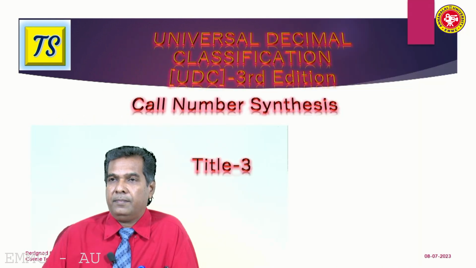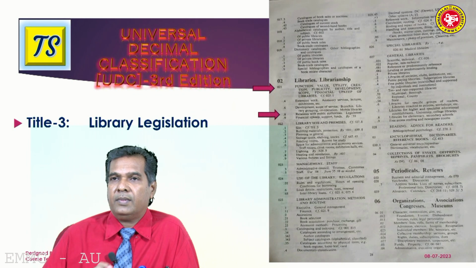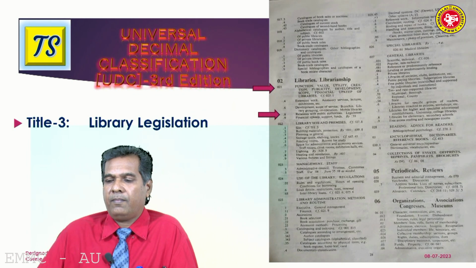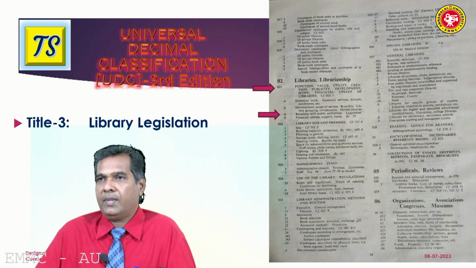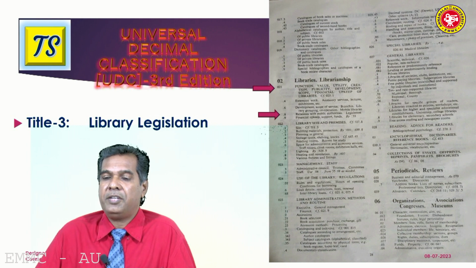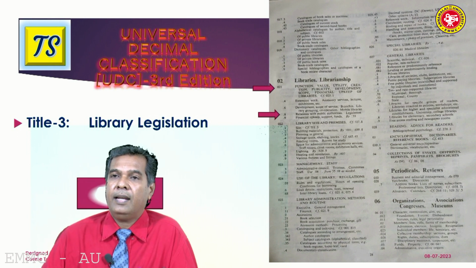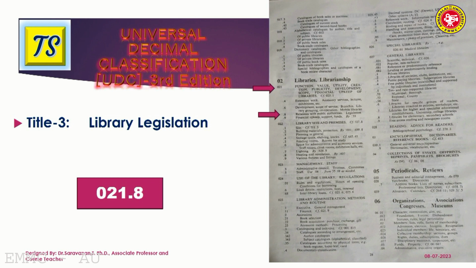Title 3, Library Legislation. The page number 28, the same as the previous example, where you prepared the number for librarianship. Under librarianship 02, you can find the number for library legislation. 021.8 is provided. 02 refers to libraries and librarianship.